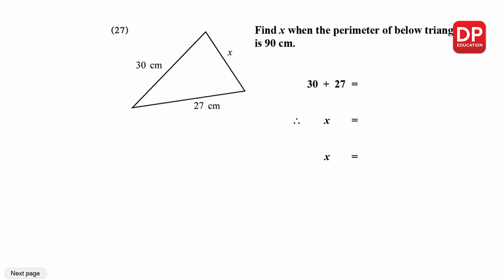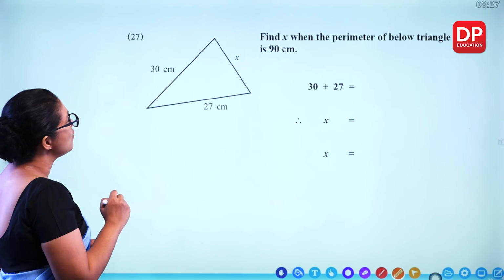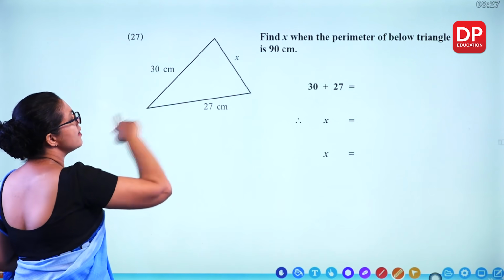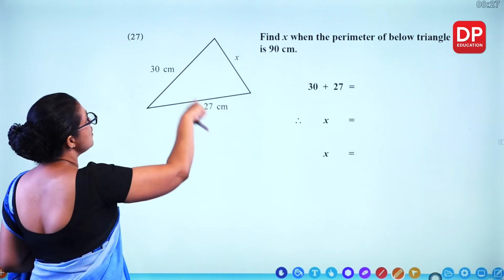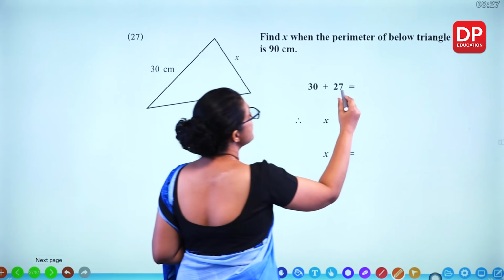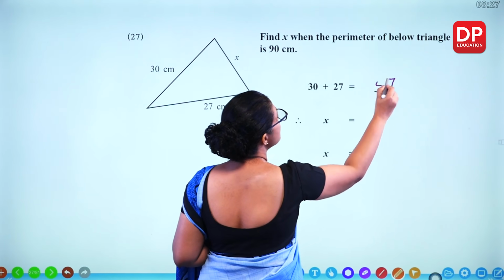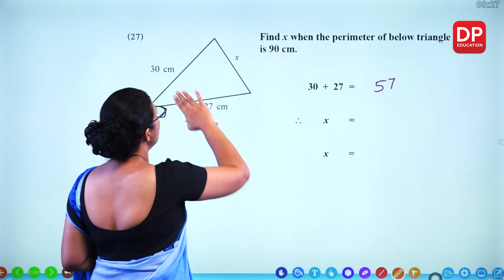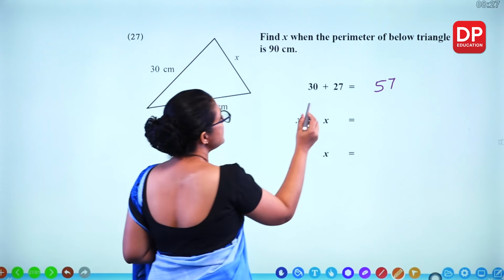This one, perimeter is given. That's 90. You are asked to find out one length. We can find these two. 30 plus 27 is 57. Now 57 plus x equals 90.